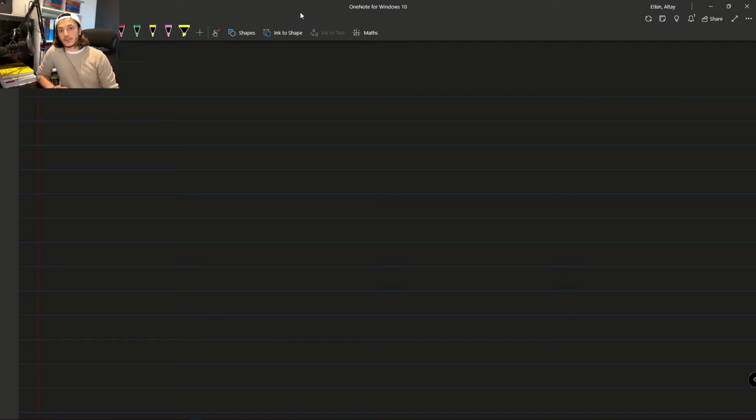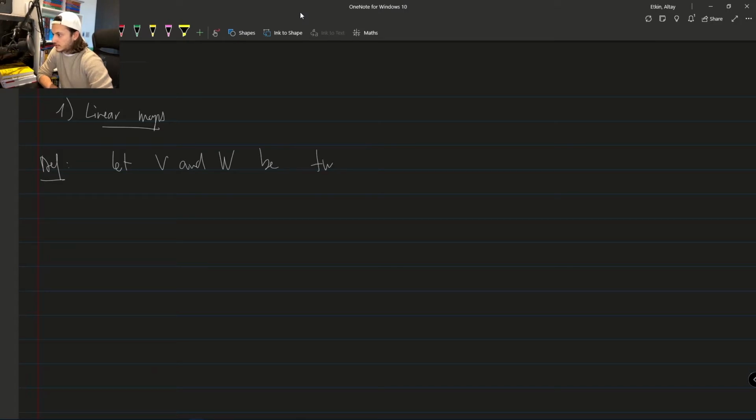So we start off by talking first about linear maps, or mappings, and we start off by defining what that means. Let V and W be two vector spaces, meaning that they both satisfy the vector space axioms.